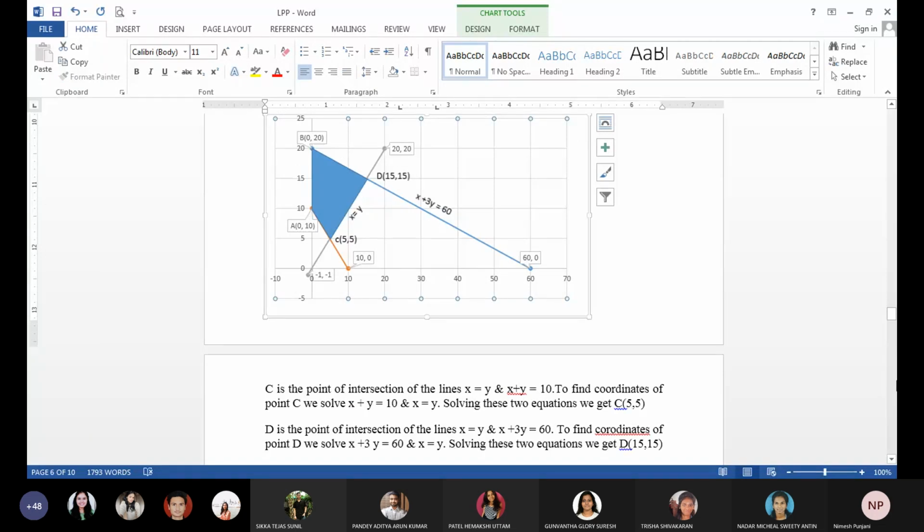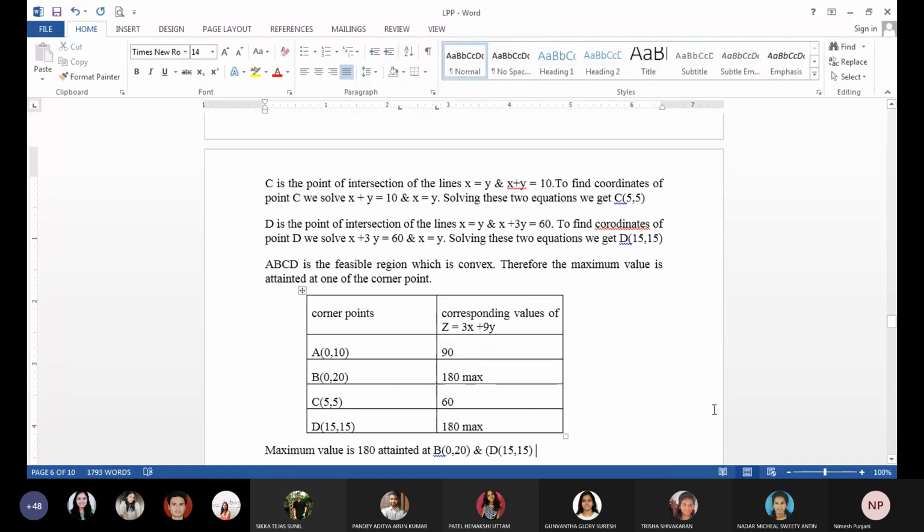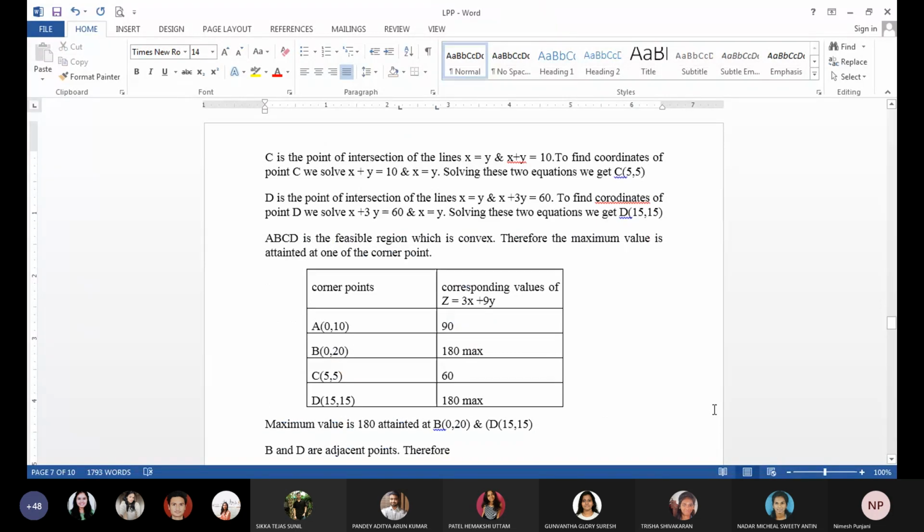Adjacent points means there is no other corner point between B and D. Like B and C are not adjacent points. A and D are not adjacent points. But B and D are adjacent. A and C are adjacent. A and B are adjacent. C and D are adjacent. Okay, so here the maximum value that we are getting at 2 points, and both the points are adjacent. B and D are adjacent points.